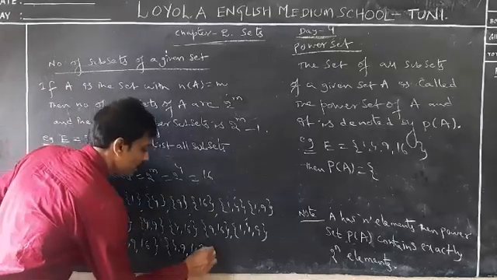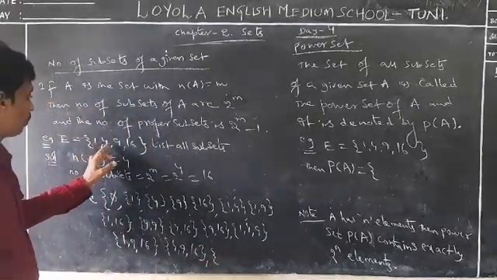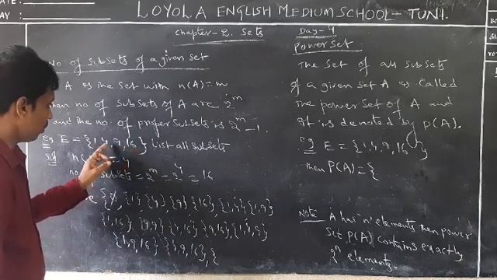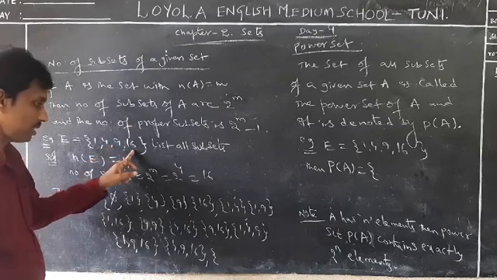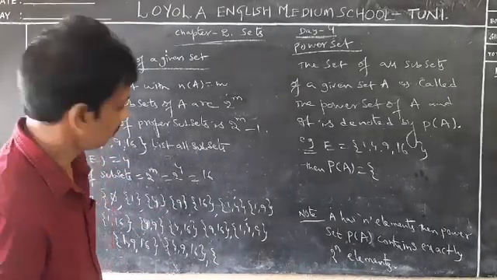And one more we left using the combination of three elements. We have {1, 4, 9}, {1, 9, 16}, {4, 9, 16}. Is there any combination we left?